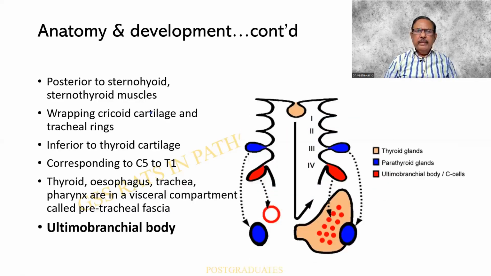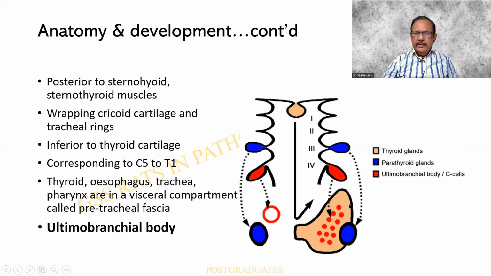Coming to our friend, the ultimobranchial body, this is part of the development of the thyroid. There are various structures which develop from the pharyngeal pouches. One is the thyroid gland, two is the parathyroid, the blue in color. Next is the ultimobranchial body. So these are all the various outpouchings that you can see.